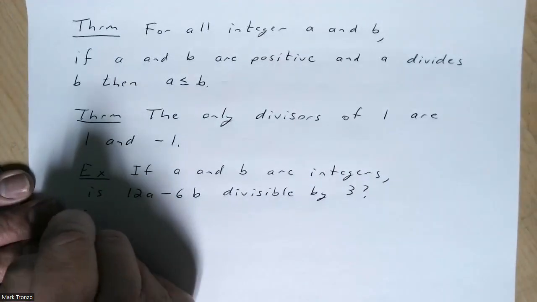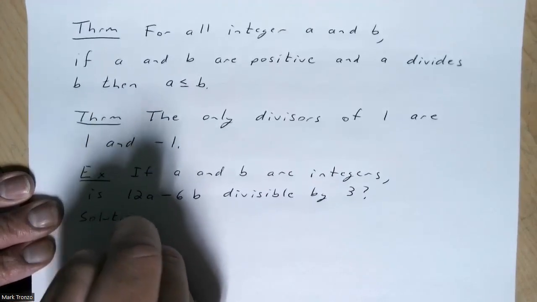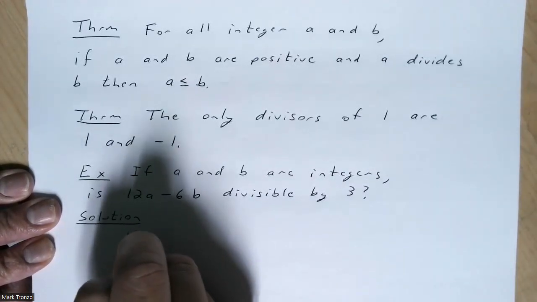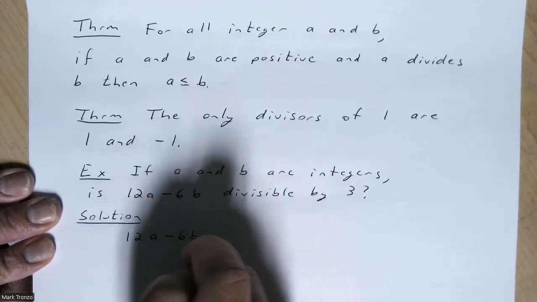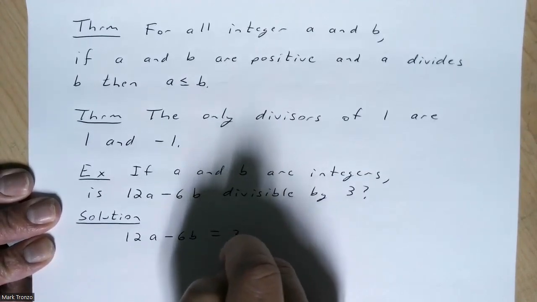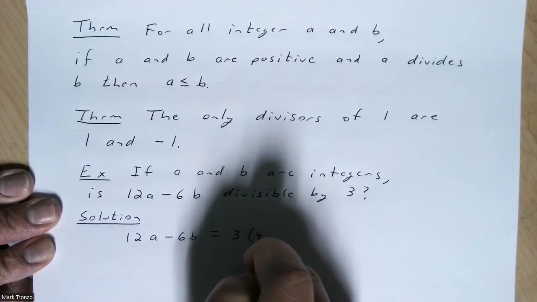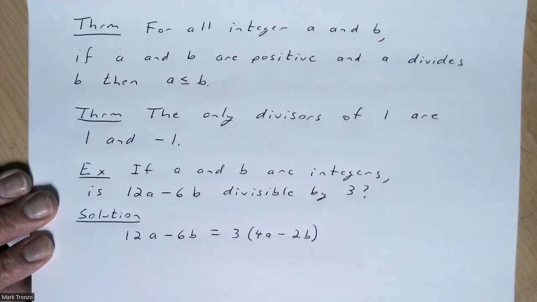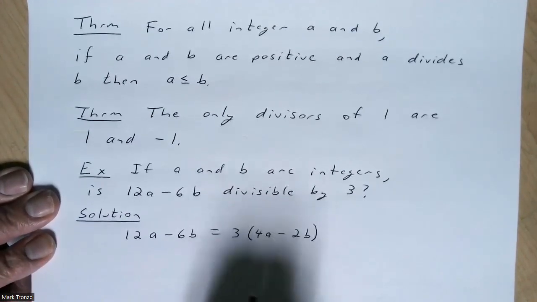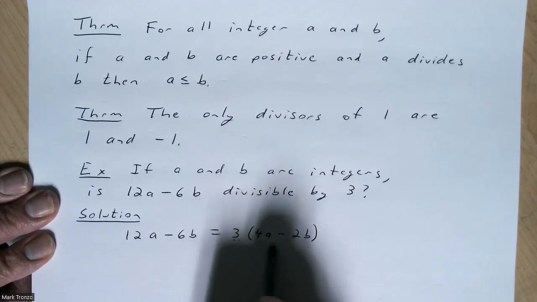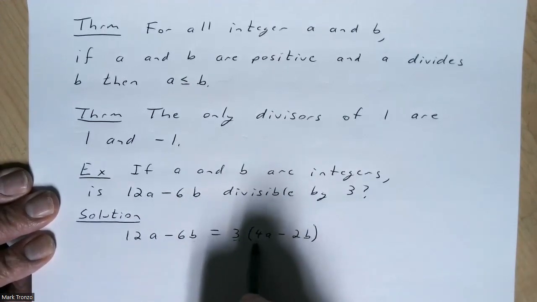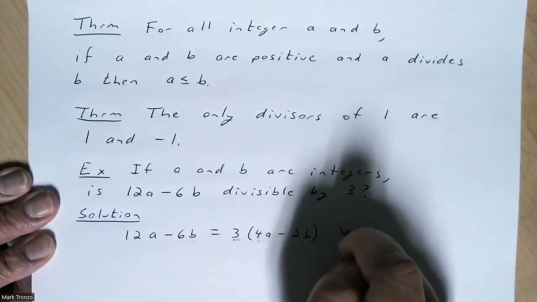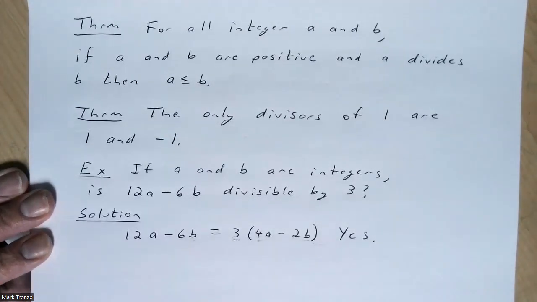Of course, all you have to do is show that it's a factor. 3 is a factor of this, so we can start with what we have here. And notice we can factor 3 out of both of these. So 3 times (2A minus B)... rather, 3 times the quantity A minus 2B, like that. And of course, this is what it means to be divisible. If you can write this number as 3 times an integer. Obviously, this is an integer. And so the answer is yes, it is divisible by 3.